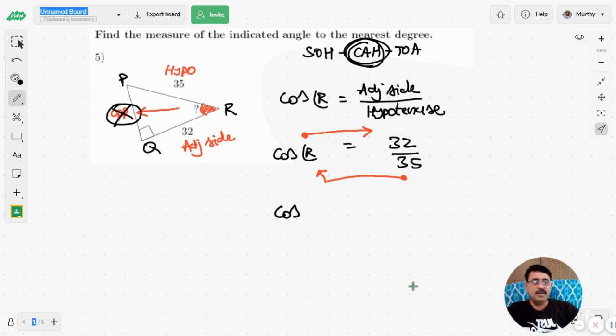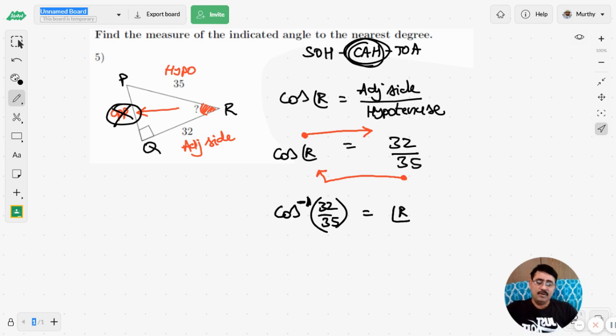Cos inverse of 32 over 35. Please don't forget when you are transforming, you are moving angle R to the other side, and the fractional decimal to this side, then you have to take the inverse.